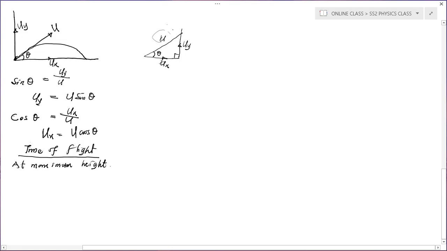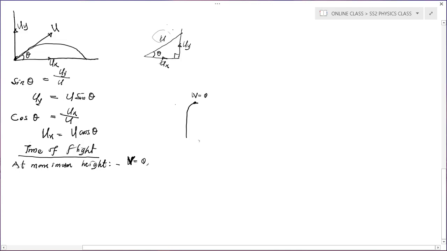At maximum height, what do we have there? When the body moves upward and gets to a point, it will stop momentarily. At that point where it stops momentarily, the final velocity v is equal to 0 there.